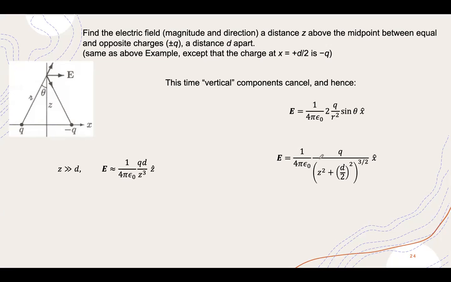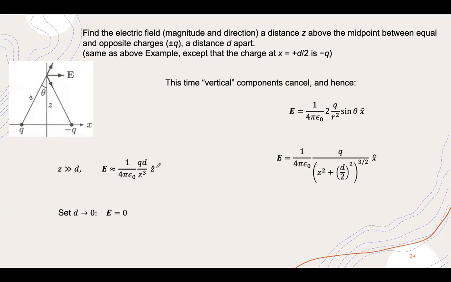When we consider Z to be much larger than D, the electric field becomes something like this. This is just a condition for the dipole, which we will discuss later, how a dipole actually works.